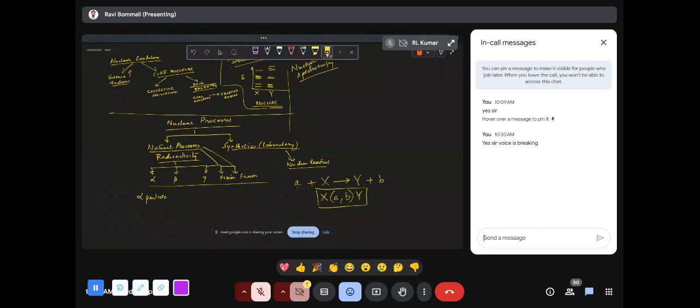So let us do one thing. Maybe my laptop's mic is not working properly because my laptop was dropped some time back. I'll join through the phone also, so that my audio will come through the phone. Let us check that.